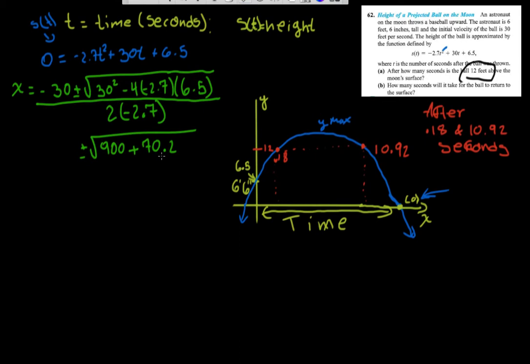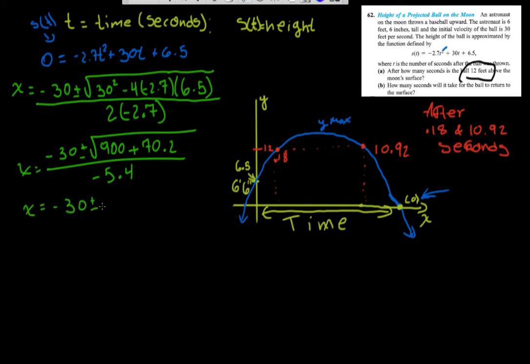I'm gonna do the math again just in case I did it wrong. We're good. Perfect. So I have here negative 30, and over here I have 2 times negative 2.7, which gives negative 5.4. So t equals that.